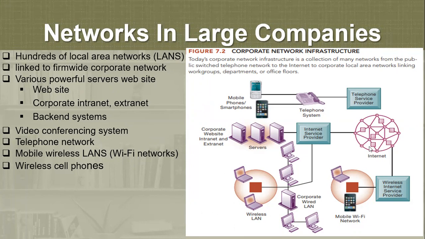As we can see here, this is the telephone system. We have a telephone service provider here connected to the telephone system, and then we can connect it to the mobile phone and smartphone.